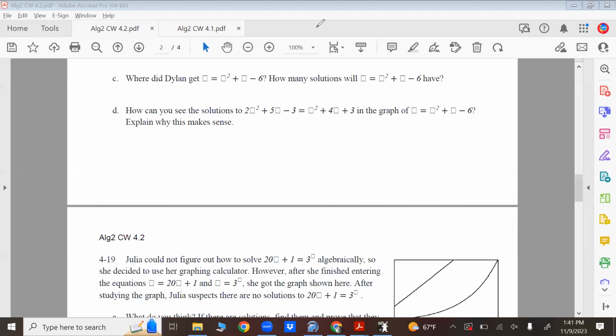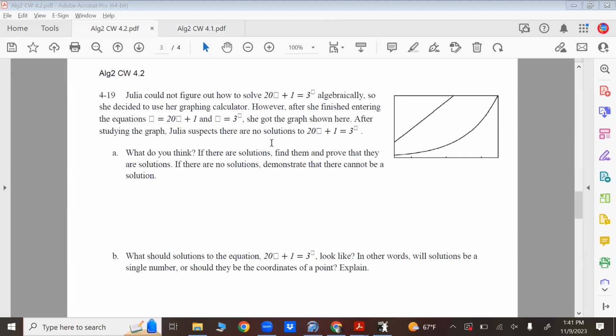We're doing great. Okay. Sorry, I can't make these boxes show up. They're supposed to be x's. So let's say you got another kind of crazy situation. You got 20x plus 1, which is linear, and 3 to the x power, which is exponential.